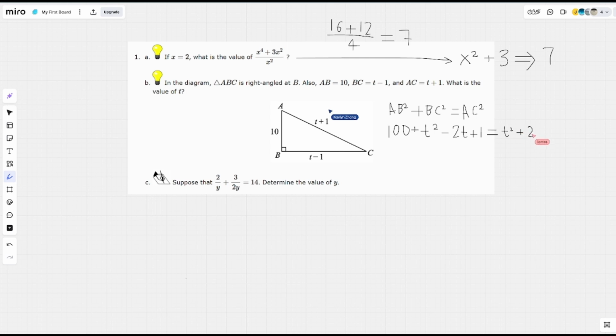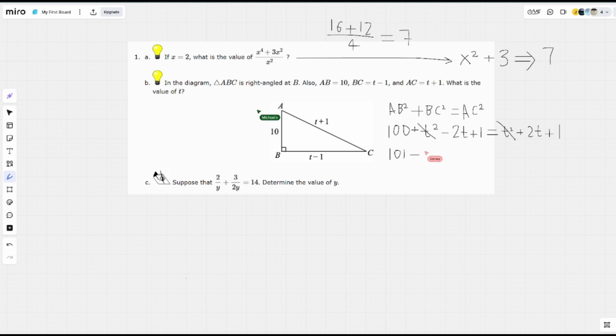Since there's a t squared on both sides, you can immediately cancel that out. Then you have plus 1 here, so you get 101 as a constant term.